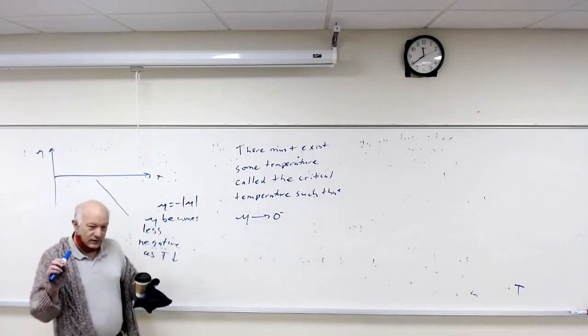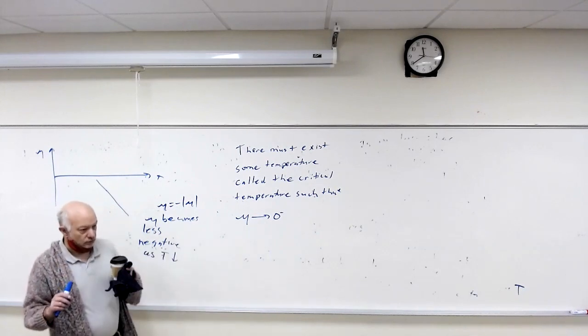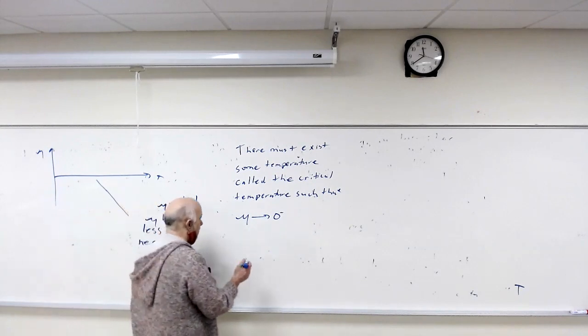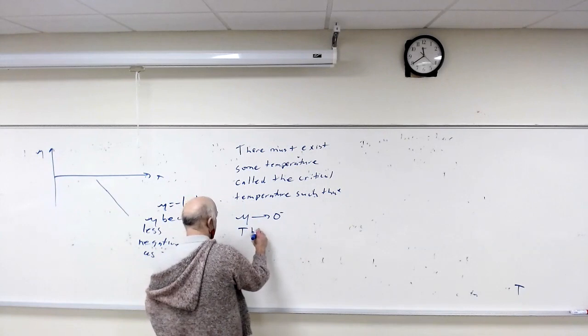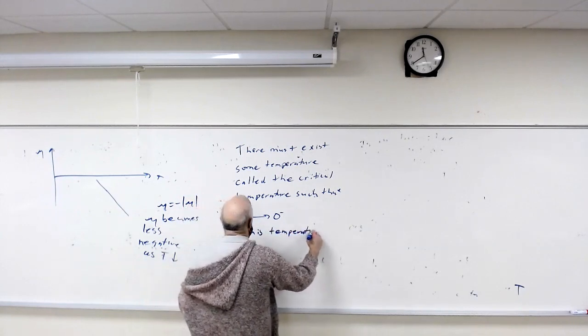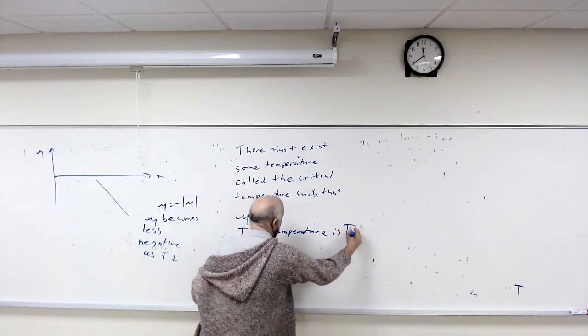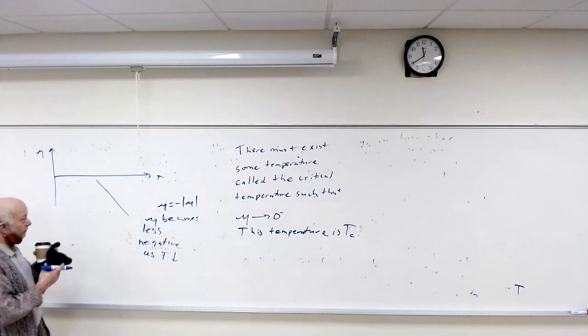It's not zero; it's just on the negative side of zero. Okay, I think that's actually correct mathematics. We call this temperature Tc. So this temperature is T sub C.